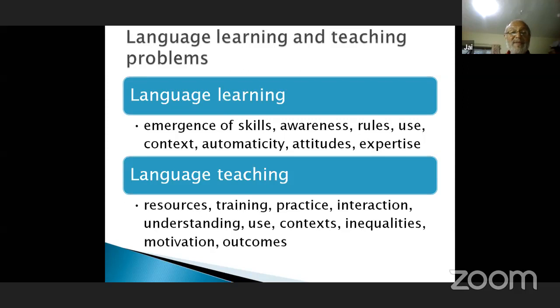And then practice: how the practice is given, contextual or just drilling or interaction or understanding of the language teaching, and then use, context, inequalities in terms of teachers' qualifications, age, experience, and motivation. Some people are motivated but demotivated also, and the outcomes of teaching, how they are judged. So these are the areas where William feels the problems lie.